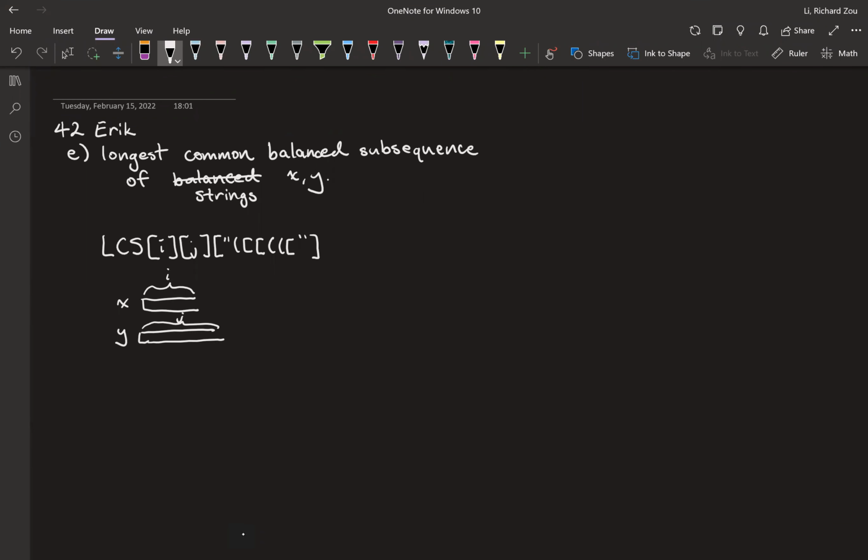That's essentially what I'm assuming, because then the transitions become kind of similar, right? If the next characters match, like for example this character at index i and this character at index j, and it's an opening parenthesis, we might be able to update the state.